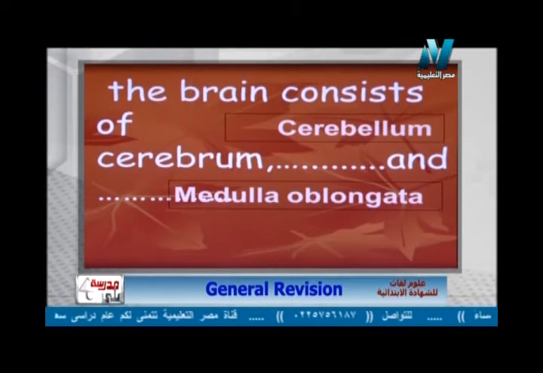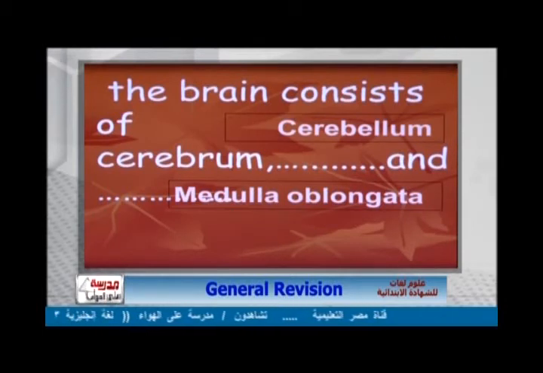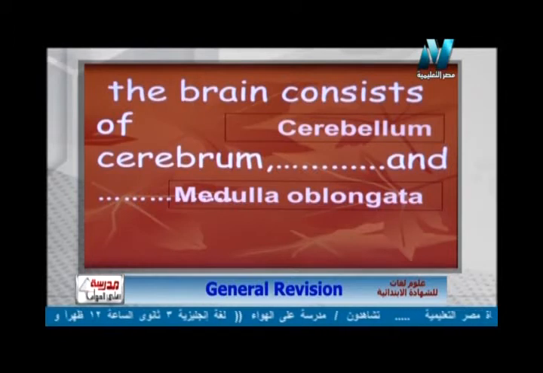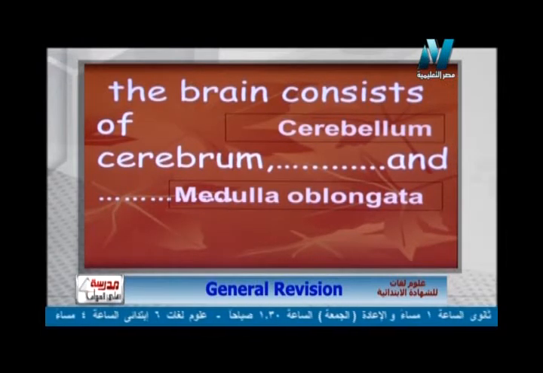So what about cerebellum, أو المخيخ, which is found at the back area of the brain? هو موجود في المنطقة الخلفية. It's responsible for keeping the balance of the body, توازن الجسم, only. And at last medulla oblongata is responsible for the involuntary actions or involuntary processes inside the body, such as heartbeats, movement of the digestive system, blood circulation, and so on. أي حركة أو أي أفعال لا إرادية inside the body داخل الجسم مسؤول عنها medulla oblongata.